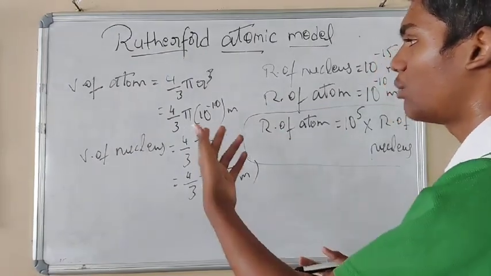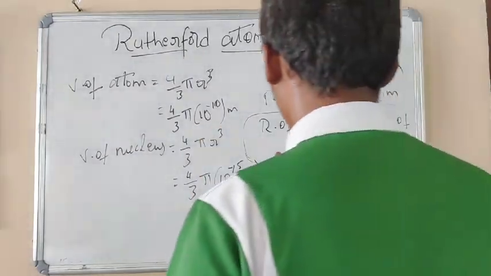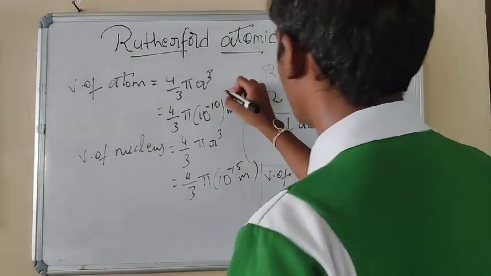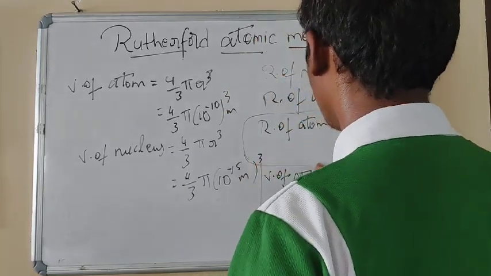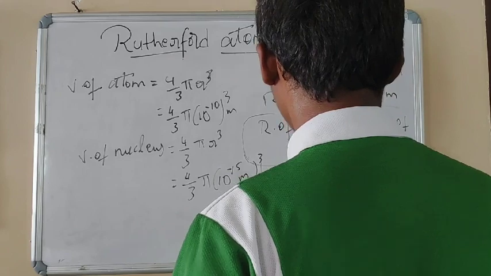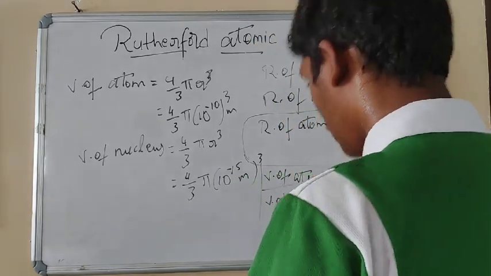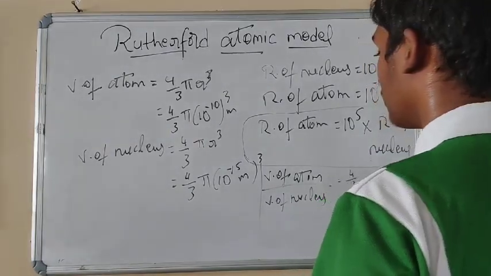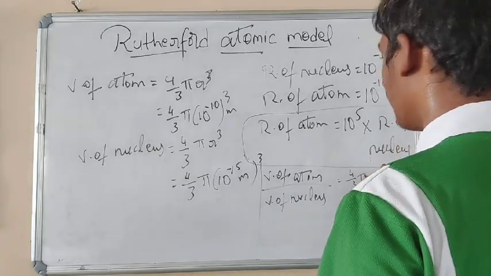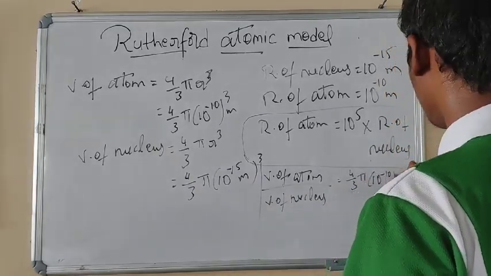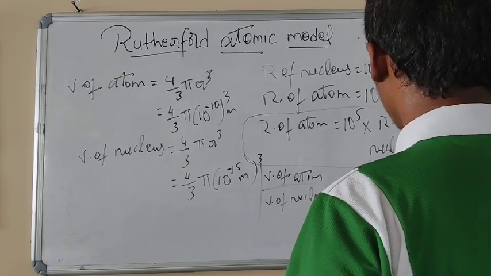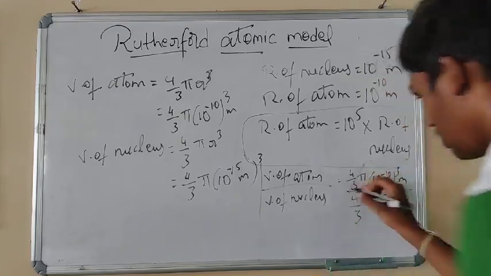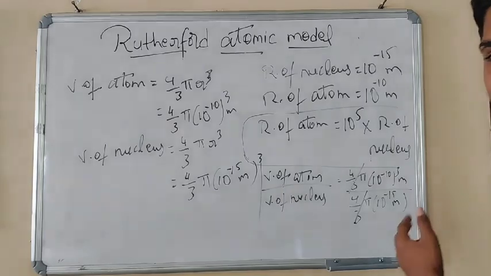Now, when we compare the volume of atom and the volume of nucleus, the 4/3 pi is cancelled.